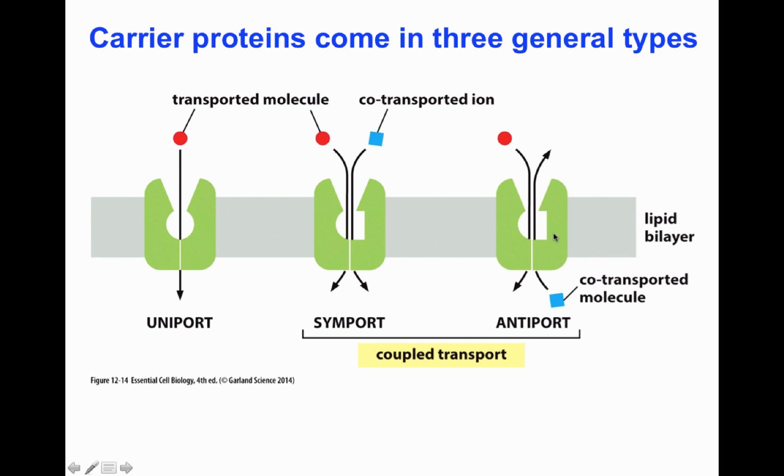So again, we have uniports, allowing the movement of only one molecule across the membrane, symporters, which allow the simultaneous transport of two different molecules, or antiporters, which allow the simultaneous transfer of two different molecules but in different directions.